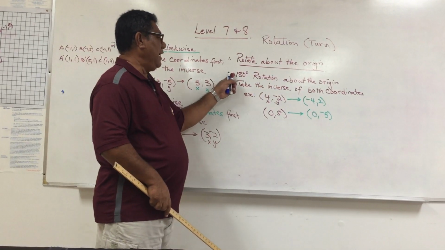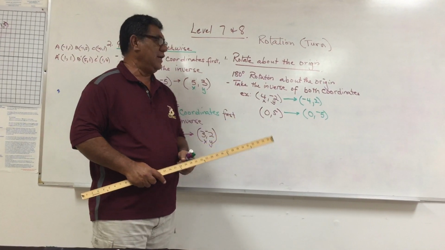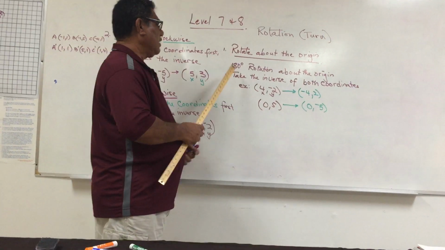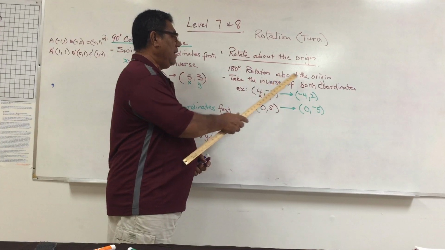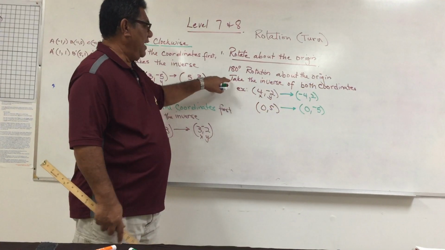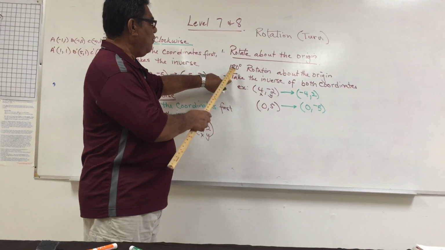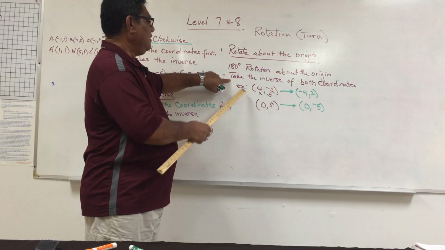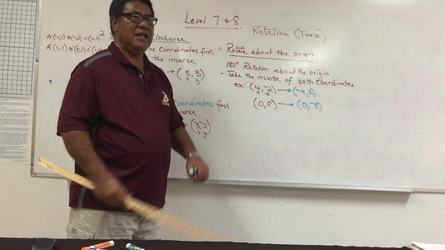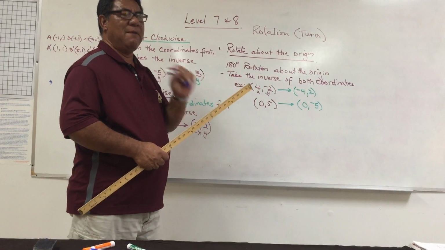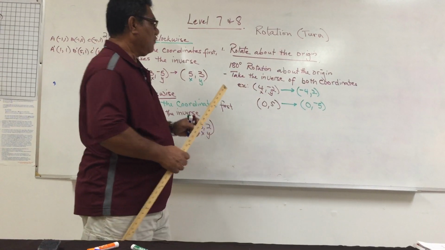So 180 degrees has to do with a straight line. If you are going to rotate a figure 180 degrees about the origin, you have to take the opposite of both coordinates.